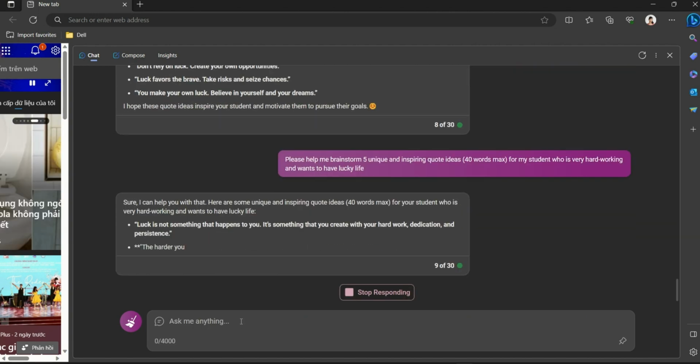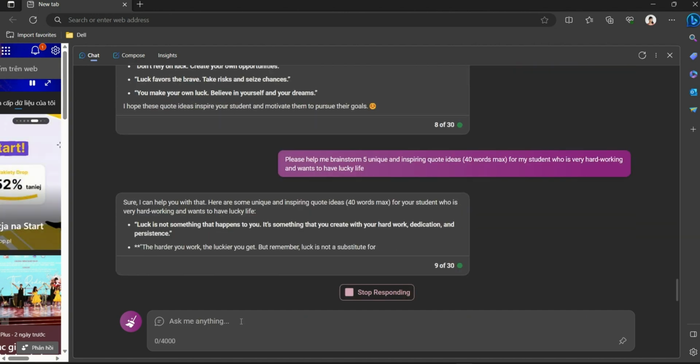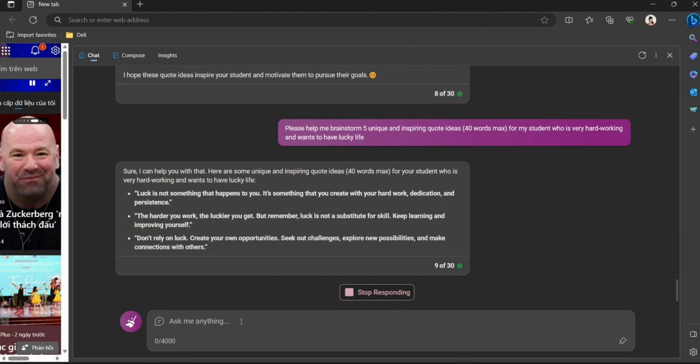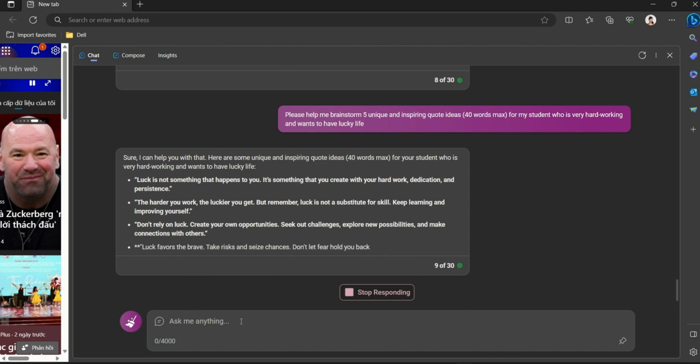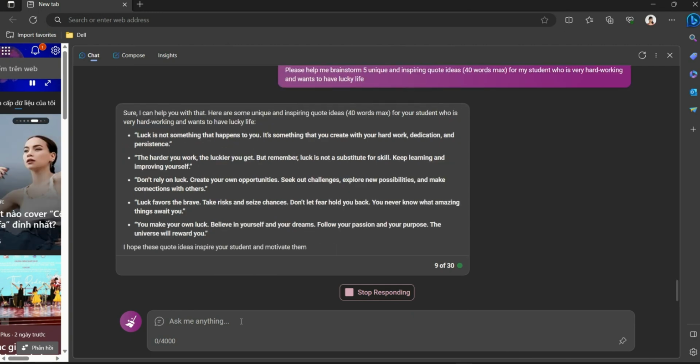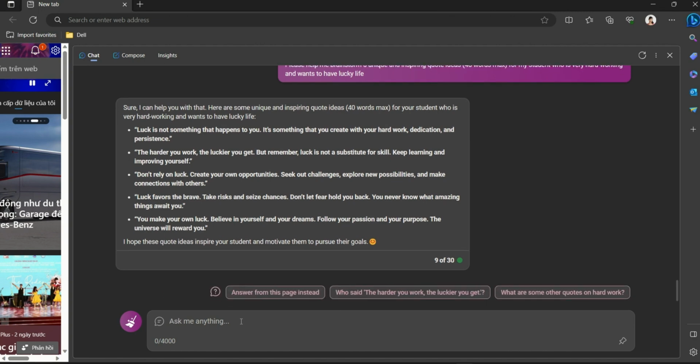Luck is not something that happens to you, it's something that you create with your hard work, dedication, and persistence. The harder you work, the luckier you get. But remember, luck is not a substitute for skill. Keep learning and improving yourself. You make your own luck, believe in yourself and your dreams. Follow your passion and your purpose, and the universe will reward you. Oh, these are so very nice.